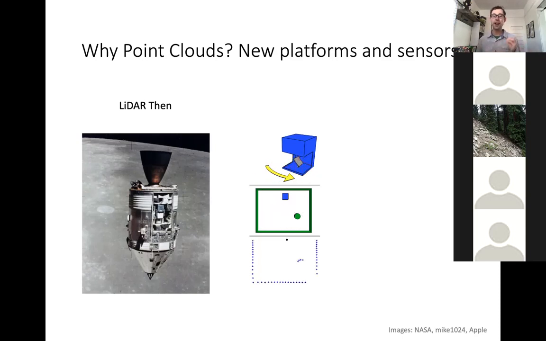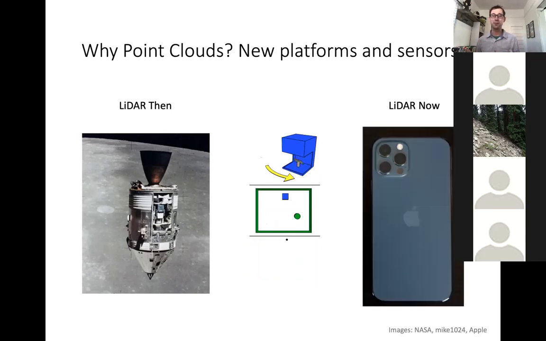Now, fast forward 20 or 30 years, and all of this machinery has been miniaturized, and now we've been able to get rid of the spinning laser. So this is iPhone 12 Pro Max. This is a smartphone that was released last year. It was the first commercial smartphone to incorporate a LiDAR sensor into the camera array.